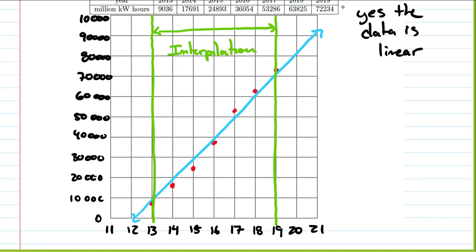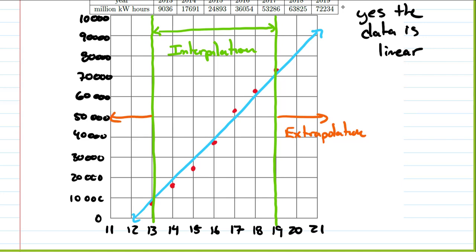So we are filling in, if we were to use that line to make an estimate of something where it's in between our data points, our data point max and our data point min, we call that interpolation. When we are on the outside of said data, so here our last data point was at 2019, this is when it's called extrapolation. And it would be the same thing over here.